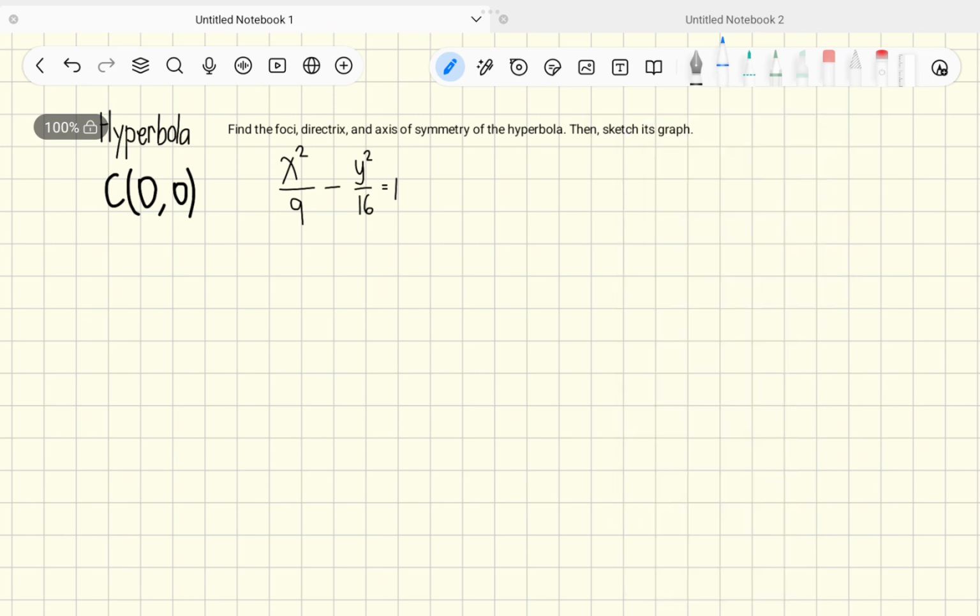We know that a squared is equal to 9. Therefore, a is equal to positive 3. On the other hand, b squared is 16. So b is equal to 4.